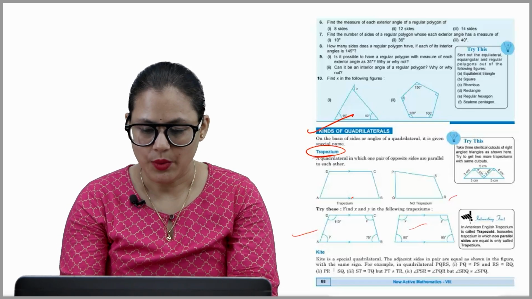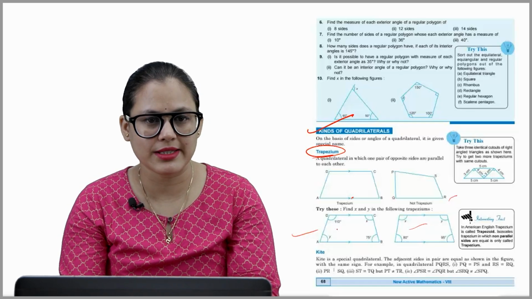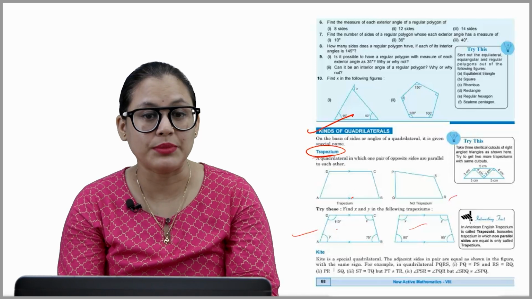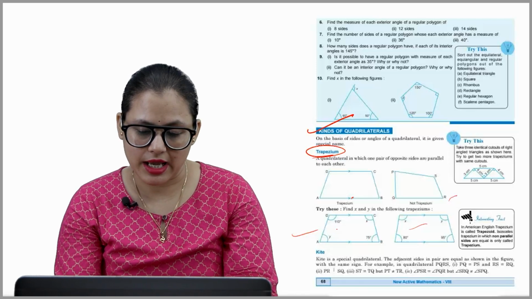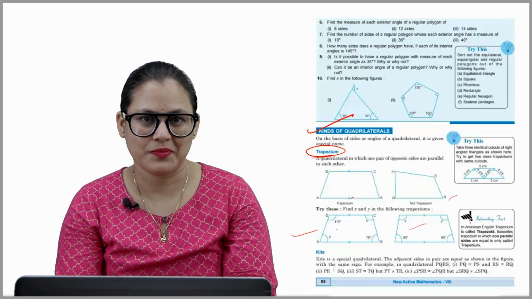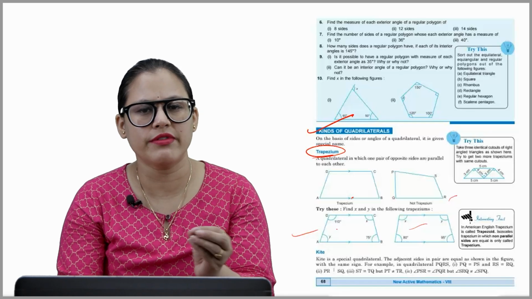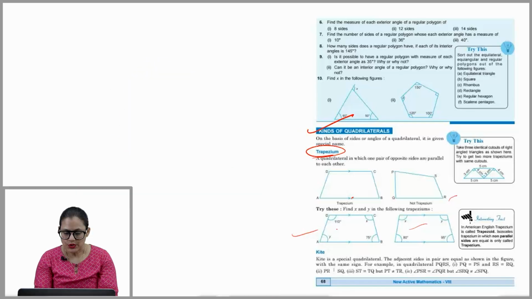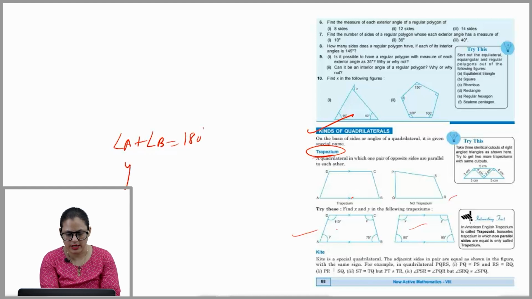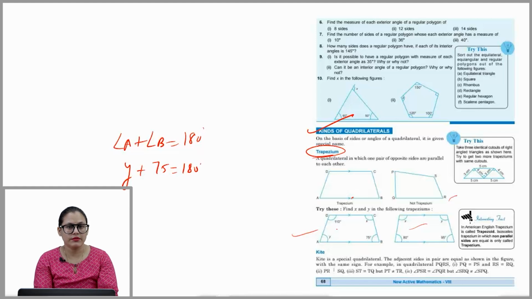So here we have been given 100, this angle D is 110, angle B is 75 degrees, and x and y are not given. Okay, so first we will find either x or y. Angle A plus angle B is equal to 180 degrees. Angle A is y, angle B is 75, equal to 180 degrees. Okay, y plus 75 is equal to 180 degrees.